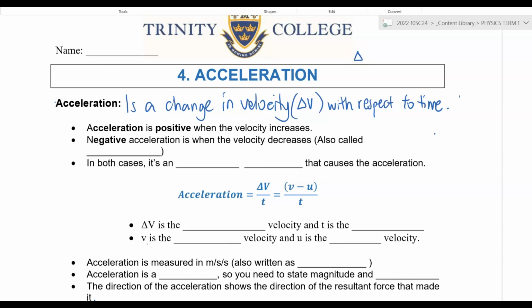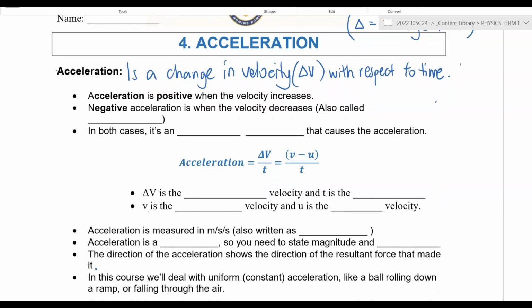Okay, quick little one before we move on. That delta means a change in whatever we're talking about. We'll put that in brackets there. So delta T could be a change in temperature, delta V a change in velocity, a change in momentum, a whole bunch of stuff. All right, so first of all, we'll call it positive acceleration when the velocity increases.